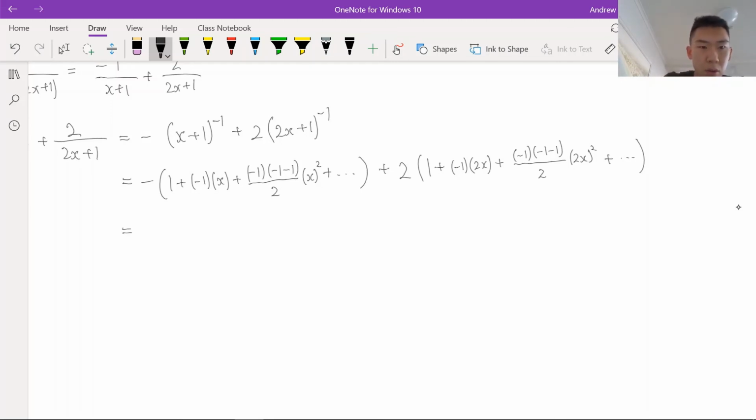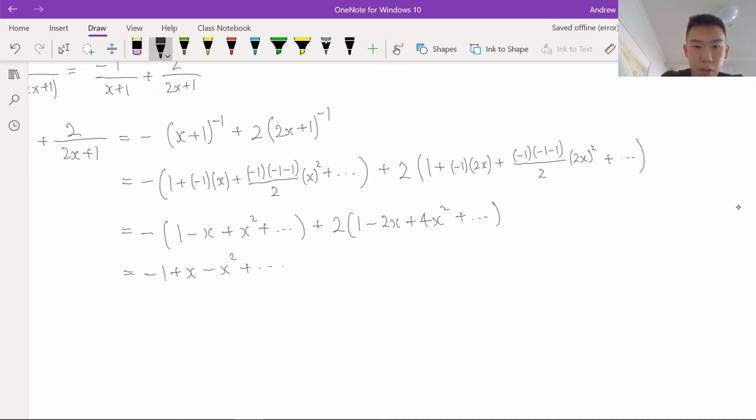Alright, now we actually need to simplify. So that's negative 1 plus x minus x squared plus dot dot dot, plus 2 outside of the bracket, 1 take 2x, negative 1 times negative 2, well, that's plus 4x squared plus dot dot dot, equals negative 1 minus x squared plus dot dot dot plus 2 minus 4x plus 8x squared plus dot dot dot.